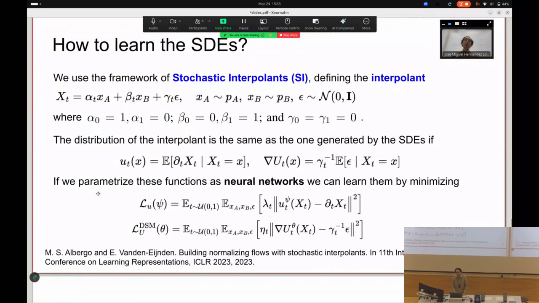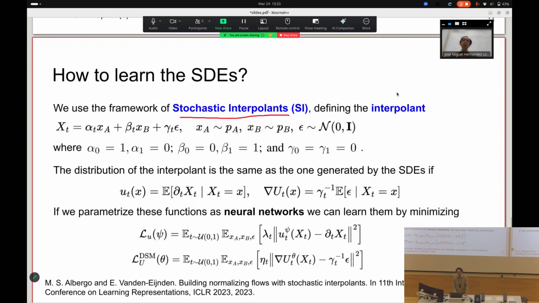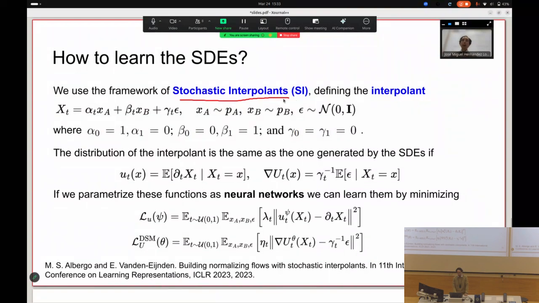And the key thing is, how do you get your SDE models? Using the framework of stochastic interpolants. This has been a very successful framework. It has been proposed recently. It generalizes flow matching and diffusion, and the idea is that you are going to create samples from the intermediate distributions of your SDEs. Okay?